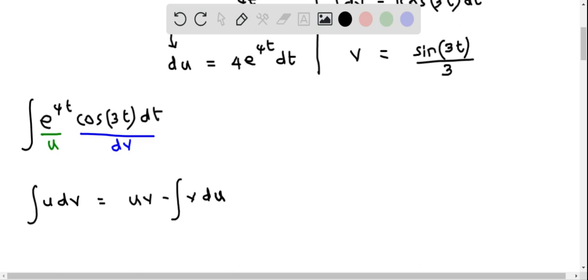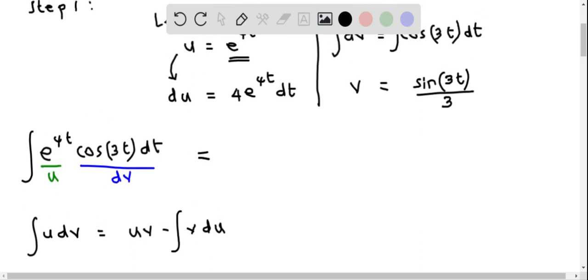So we are going to use this formula, and this means this given integral can be written as uv, that is we will substitute the u.